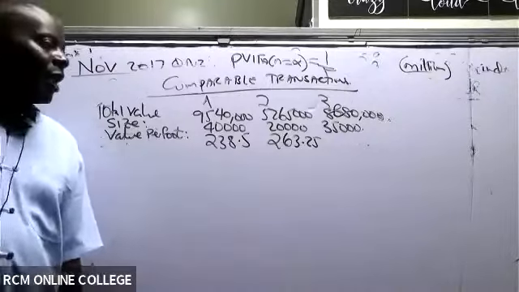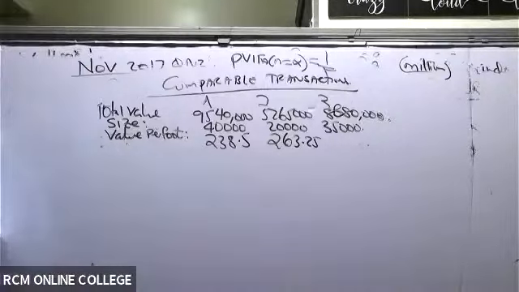So now about property number 3, 80,000 divided by 35,000.